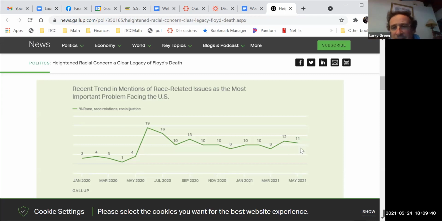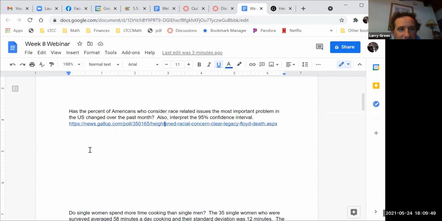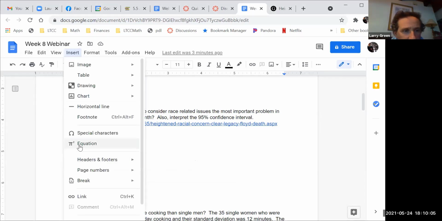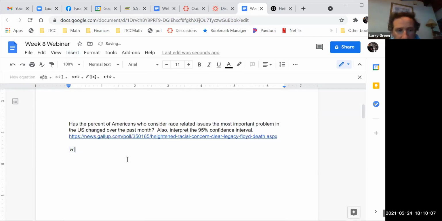So what we need to do is come up with a hypothesis test. Any questions on that idea? So that's the main thing: we need to come up with a hypothesis test. And I'm hoping that you all know at this point that when you have a hypothesis test, you need to have an H naught and an H1. Y'all good with that? So I'm going to put in H naught, colon.